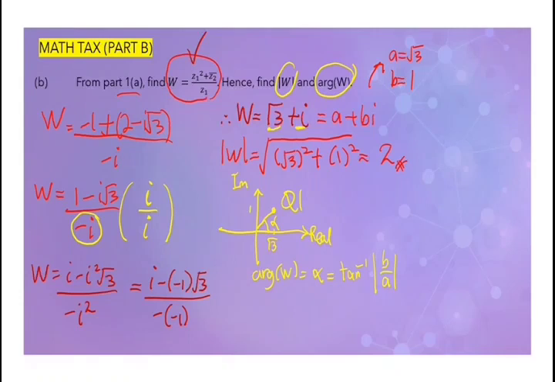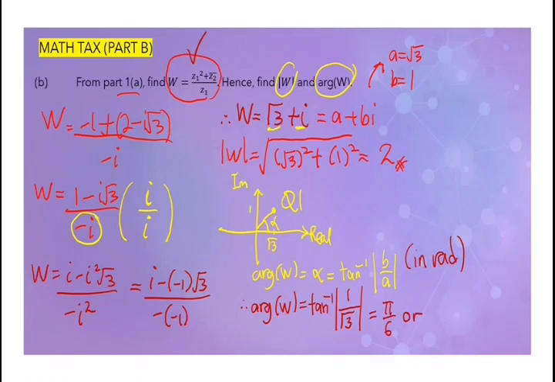So we just substitute the values of b and a. B is 1 over a is √3. And please make sure that your calculator is in radian mode. So your answer will be pi over 6, or in decimal places 0.524 radian.